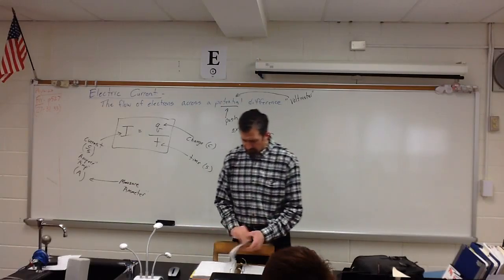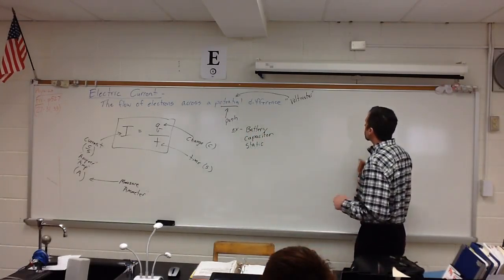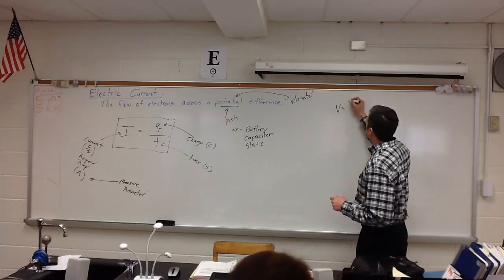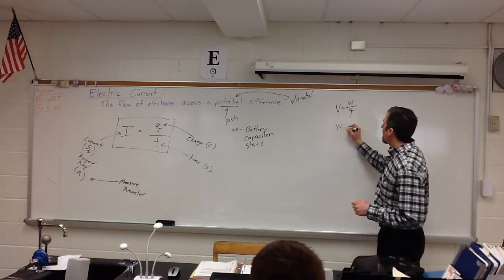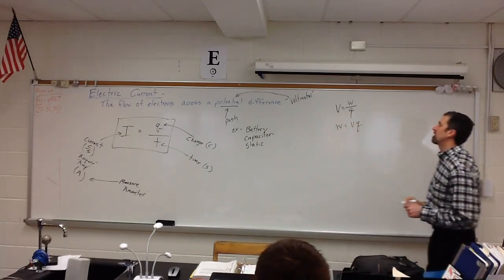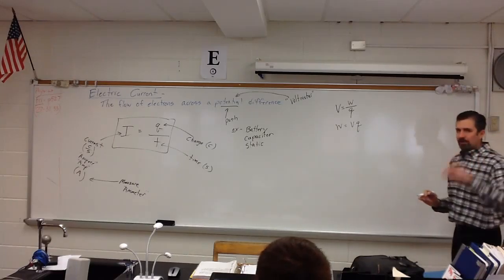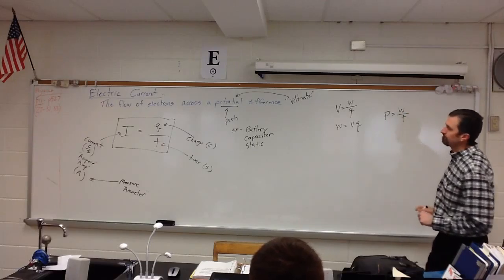Let's move on to one more thing here. If you recall, potential was work over charge. I'm going to rearrange that and make it work is potential times charge. And if you also back up in your memory banks, you remember that power was work over time.